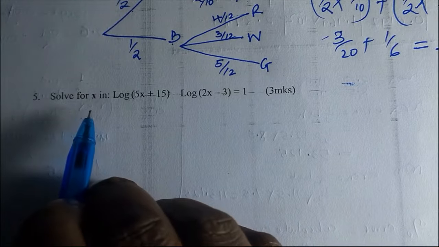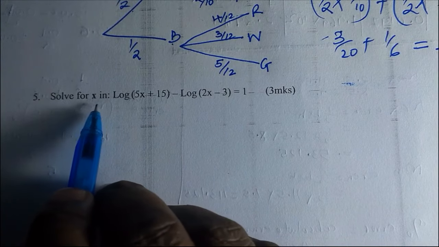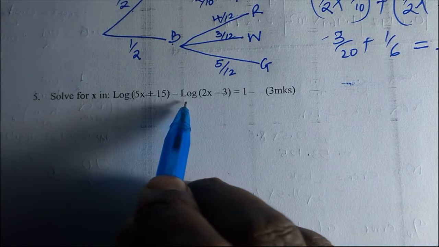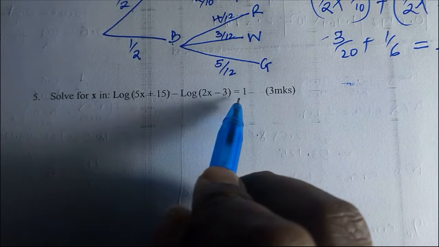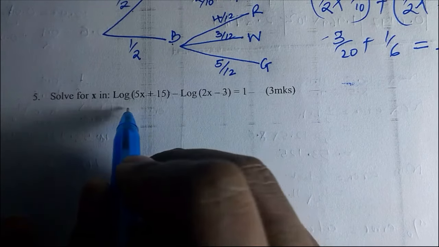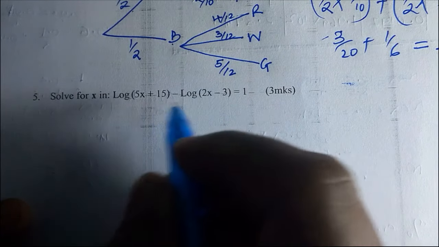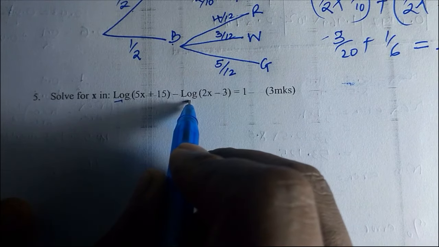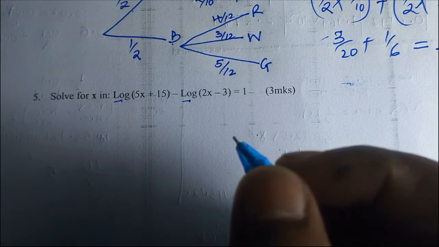Solve for x in log of 5x plus 15 minus log of 2x minus 3 is equal to 1. So this one, the log is common here. There are two ways you can solve. I want to do the simplest.